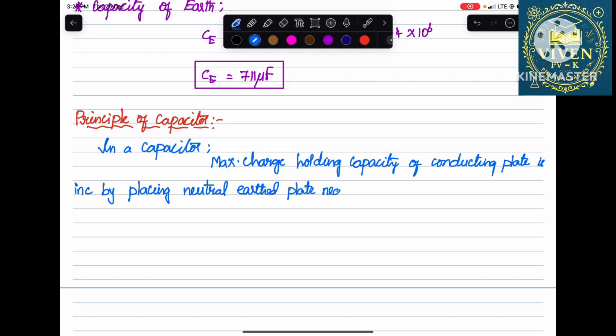Near to it means near whom? The conducting plate.